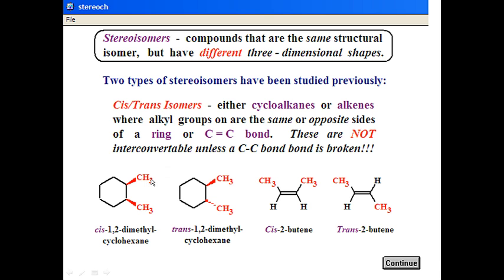So for instance, our cis-1,2-dimethylcyclohexane is different than trans, and they cannot be interconverted. And our double bonds also had that same cis and trans notation because, again, they could not be interconverted unless a carbon-carbon bond is broken. So those are the two types of stereoisomers specifically that we've talked about so far.